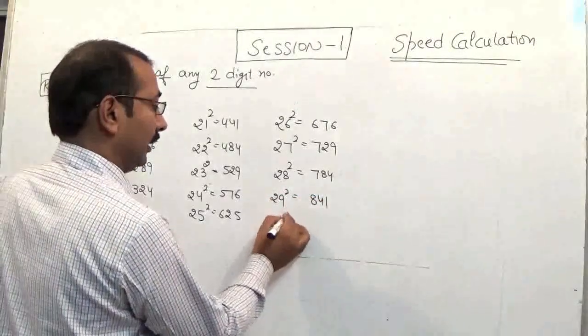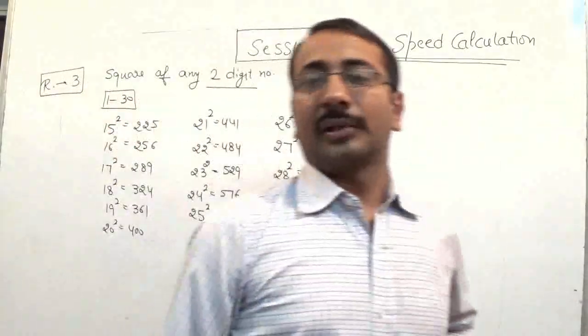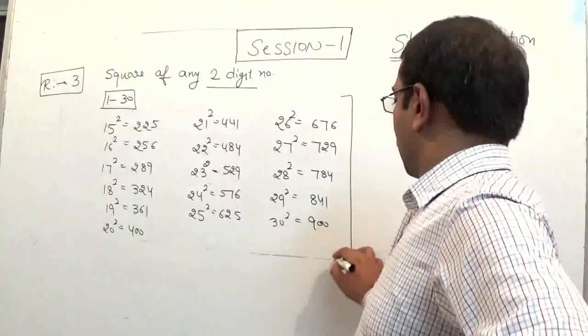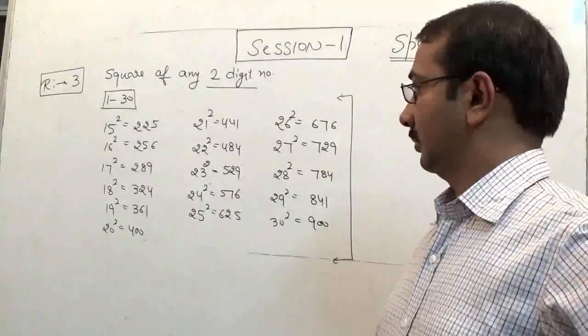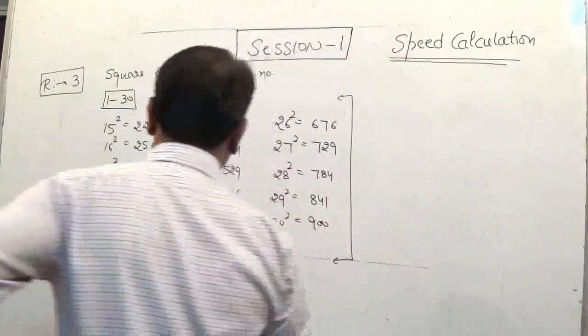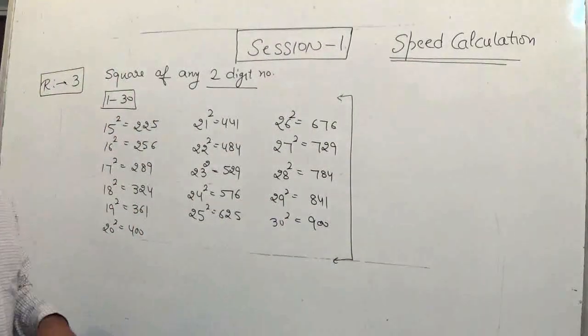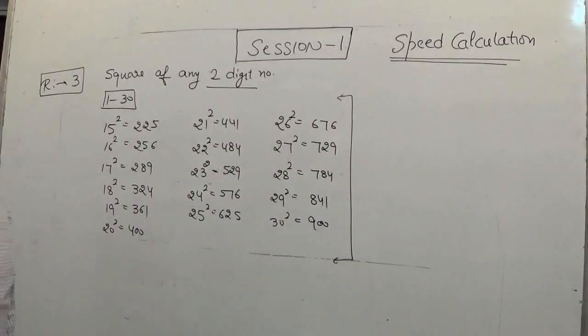And square of 30, this is 900. So before going further, first of all there is a need from your side to cram the squares from 1 to 30, because these calculations will help you when you directly get a number 529. It comes to your mind that it is the square of 23.